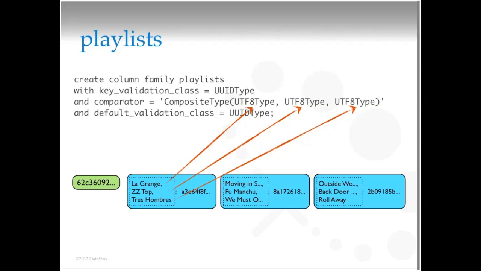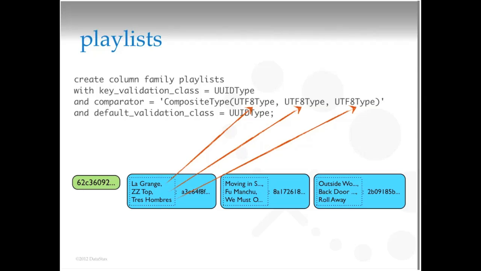Then you can say alter table playlist, rename column 1 to title, and rename column 2 to artist. You can give CQL that extra metadata without having to do any rewriting of your data on disk. And you can access things the other way as well.